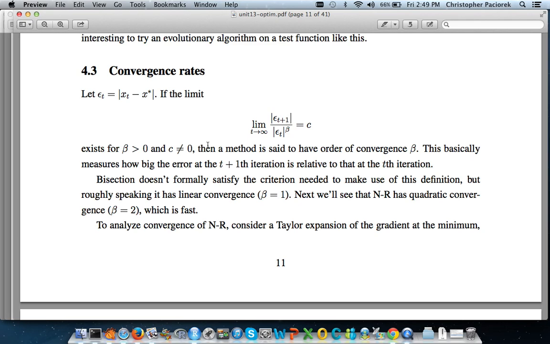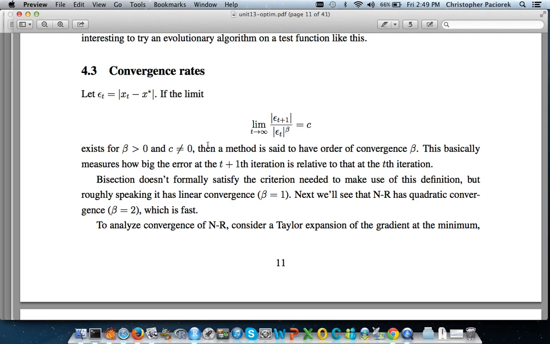If epsilon t is less than 1, and generally we're thinking about things that are converging, so we're generally going to have the epsilons be small. Let's think about epsilon t being, say, 0.1. Let's just assume c is 1 for the moment. Then this says I take 0.1 and square it, that's going to be 0.01. And so my error at the next iteration is going to be 0.01.